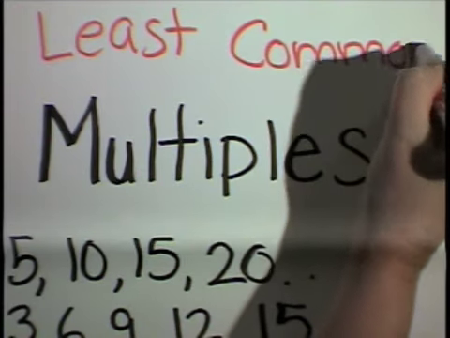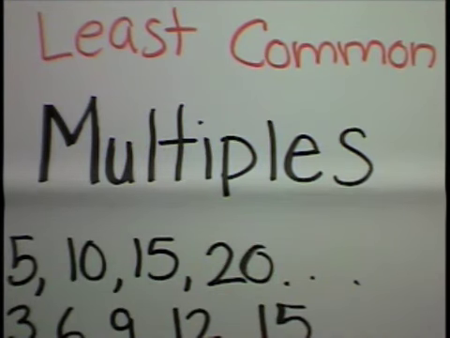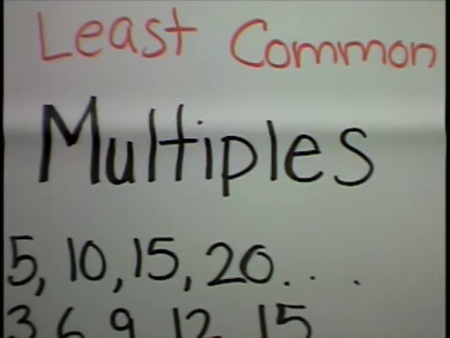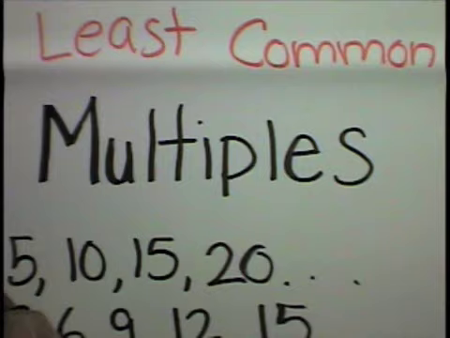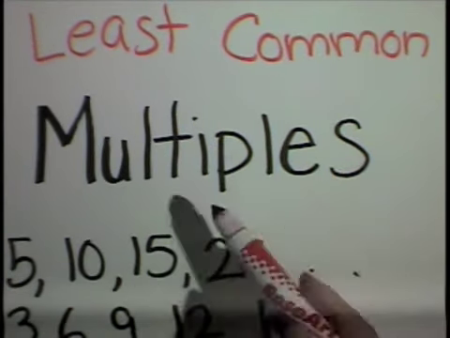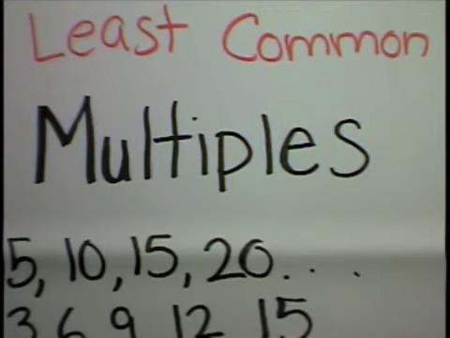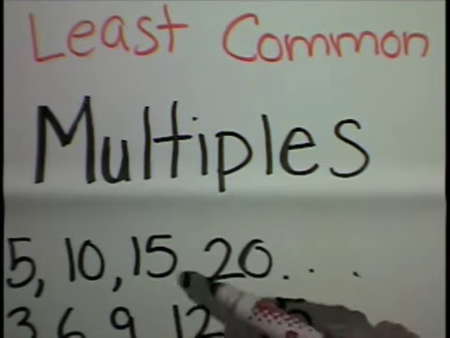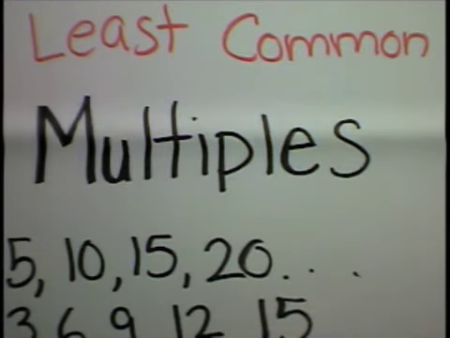Oh, and another quick secret, just in case you're interested, we talked about it back in episode 2, but when we talk about the least common multiple, we're saying between two numbers, or three numbers, or however many, in this case 2, between the number 5 and the number 3, what is the smallest, least meaning smallest, common meaning they have them the same, multiple between them?